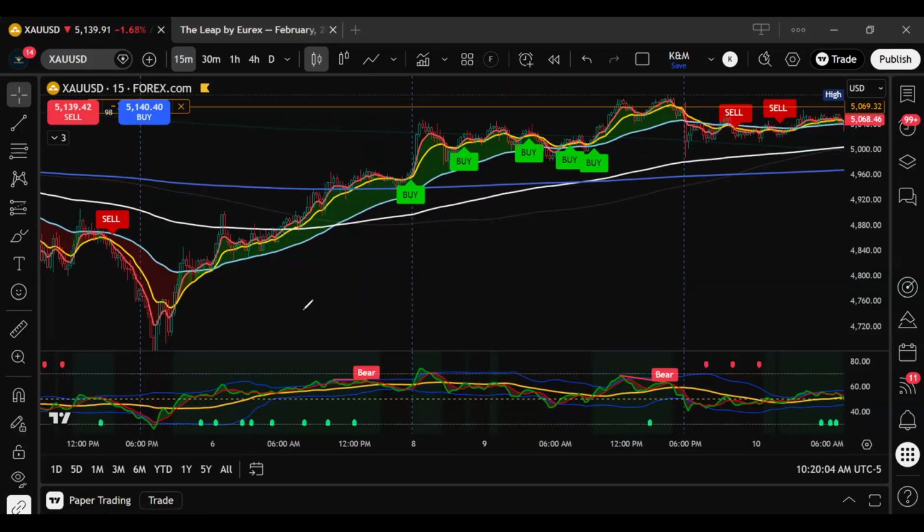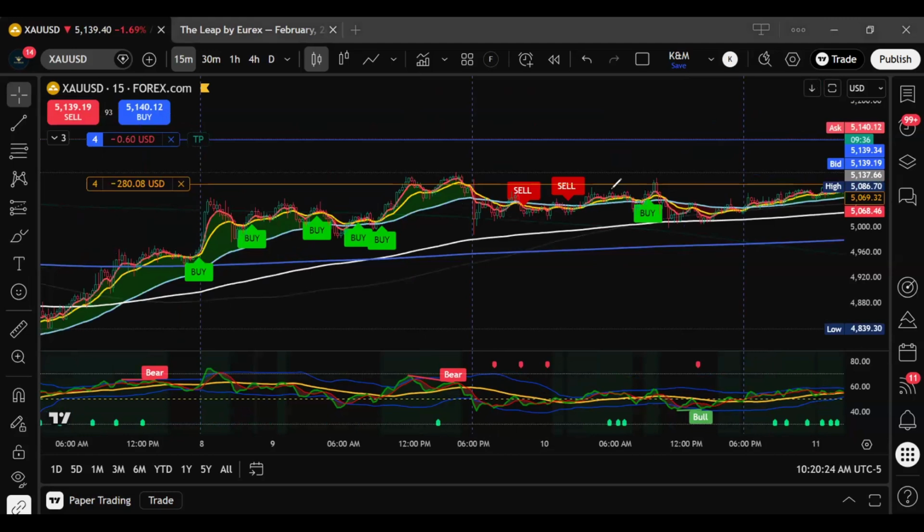So the 15 is going to give you way more buys and sales, and the water's going to fluctuate more. You got these buys here and then these sales.